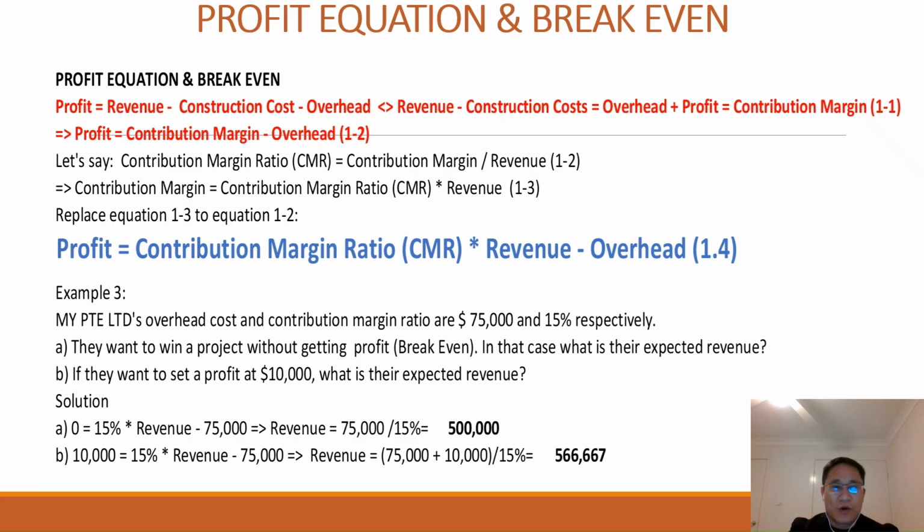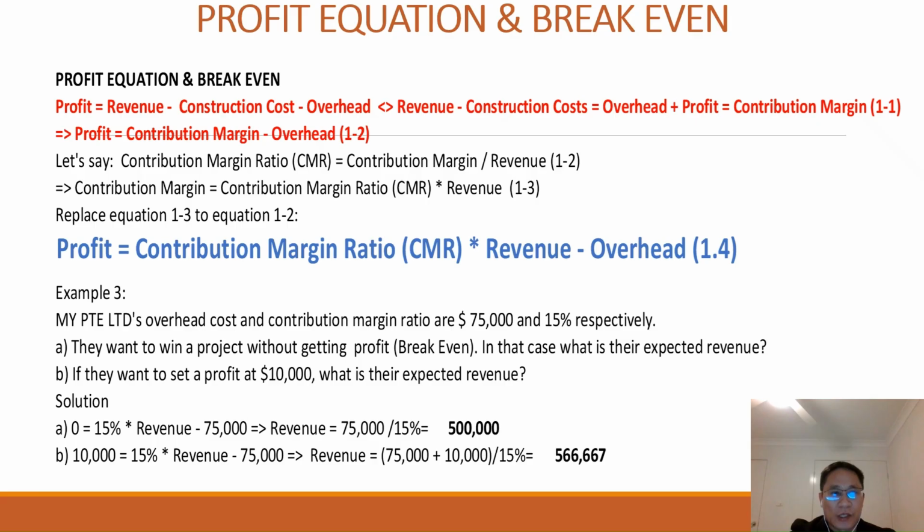That means profit is equal to zero, which we call break-even. In that case, what is our expected revenue to be submitted to the client? And B, if we want to set a profit at $10,000, what is our required revenue?